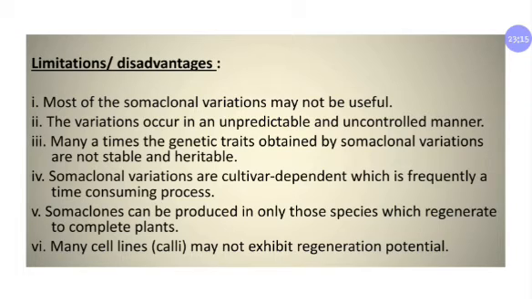Since somaclonal variations are cultivar dependent, it is a time consuming process. Somaclones can be produced in only those species which regenerate to complete plants, and also many cell lines like callus may not exhibit regeneration potential.